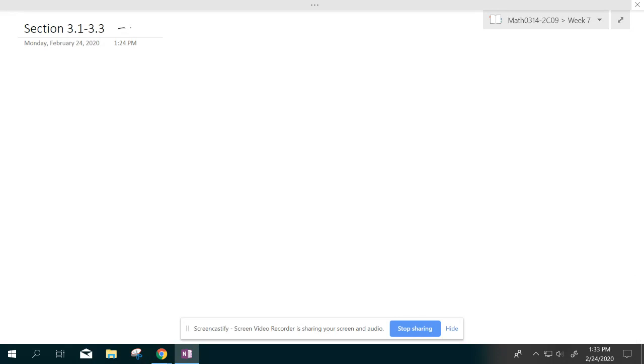Page 158. And these 3 sections together, they're on solving systems of linear equations.